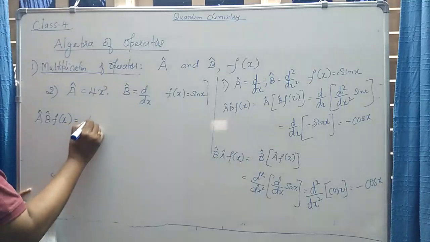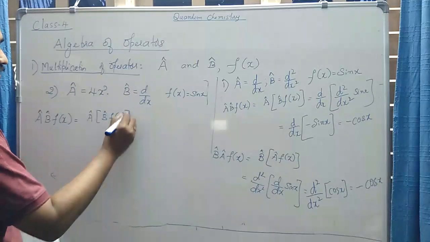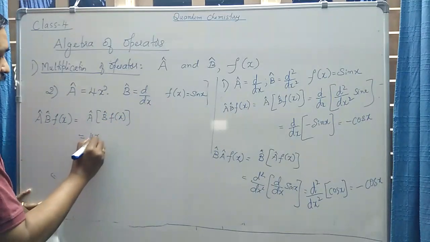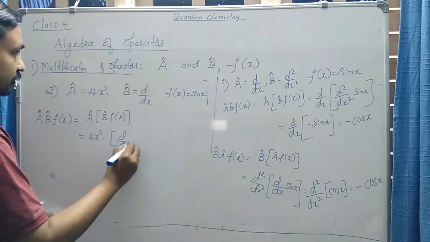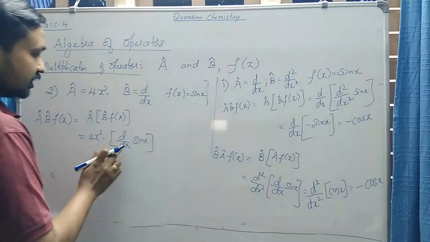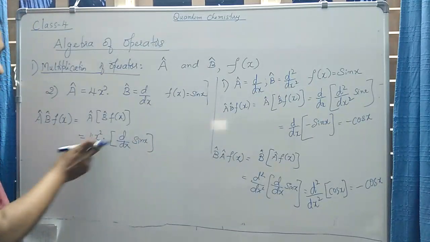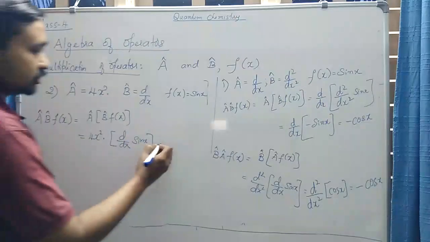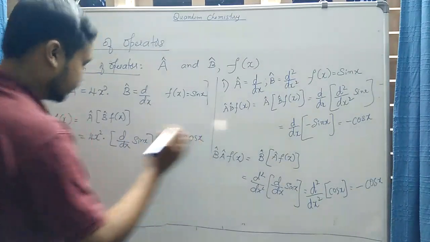It is A of B of f of x, that is 4x square into d by dx of sin x. First let us apply this. D by dx of sin x is cos x, the new function. On that we are applying the multiplication operator, so this becomes 4x square into cos x.